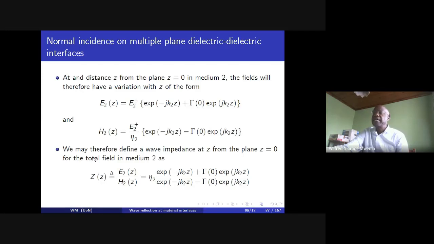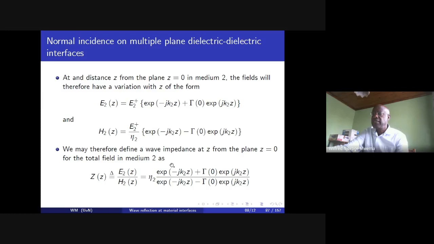And therefore, we can define a wave impedance, or an intrinsic impedance, in medium 2 at a distance z from z equal to 0 in the following form: the ratio of the electric field to the magnetic field at that point.